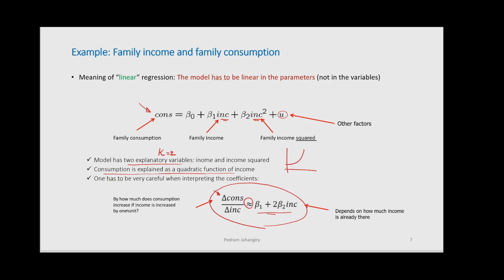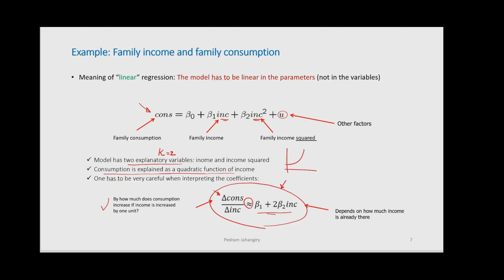So by how much does the consumption increase if income is increased by 1 unit? That's the answer. The consumption is going to increase by beta 1 plus 2 beta 2 income if income increased by 1 unit. Then we have to say, okay, income from what to what? From 10 to 11, from 100 to 101, and so on. So let's put some numbers into it.